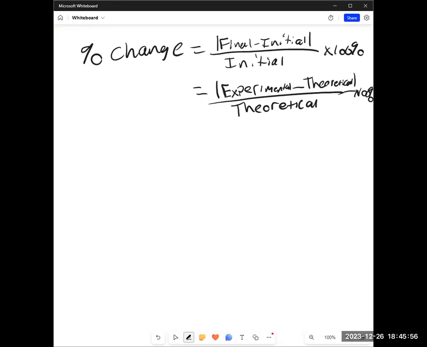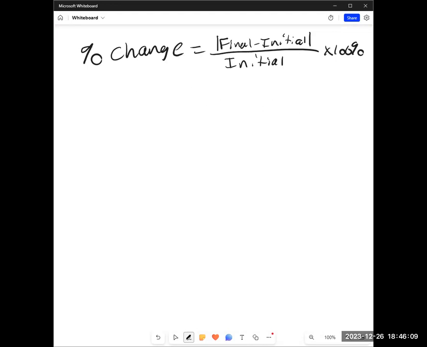And that gives you something called your percent yield, which is really a percent change. But it's all applications of the same formula.